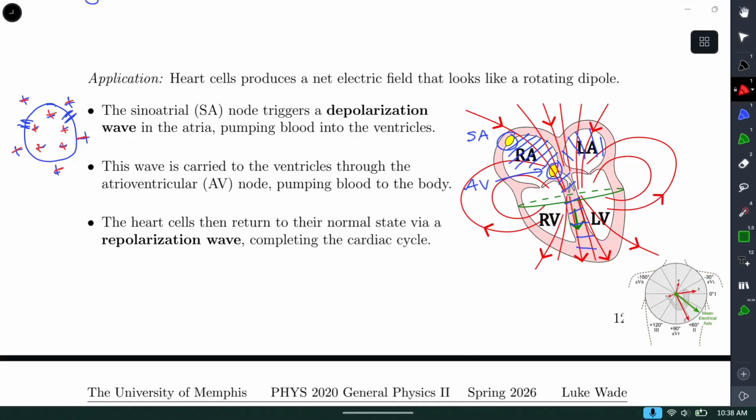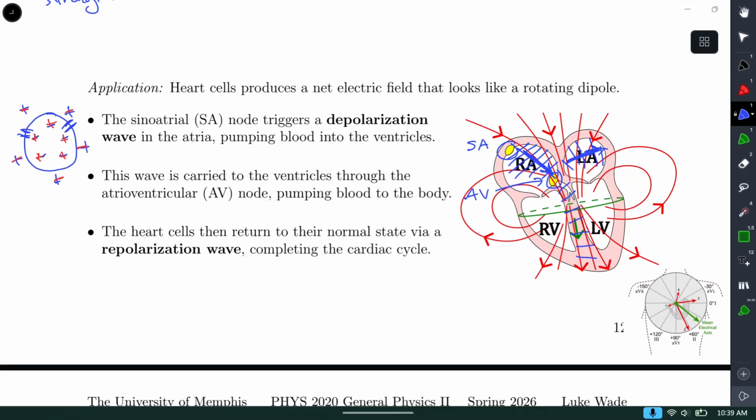Blood. So you've got blood pooled up in the atria. This depolarization wave that's passing by, which I'll sketch in an arrow to say this is the direction it's going, what that contraction is doing is squeezing the atria, and it's going to take that blood and push it down into the ventricles. So that's your blood.